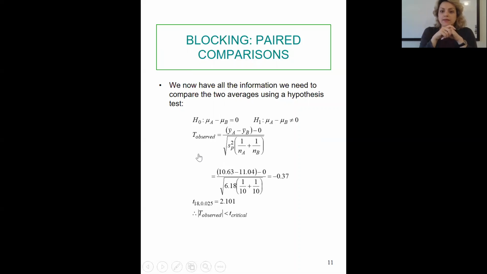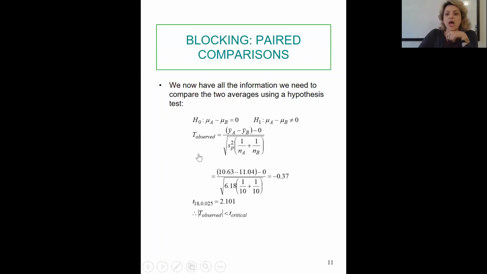The t observed is given by the equation that we had. We want to compare material A and material B, so it's the difference between them: Y bar A minus Y bar B for the sample, and mu A minus mu B for the population, which we hope is equal to 0.